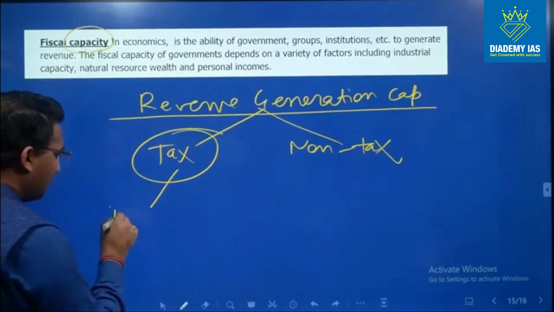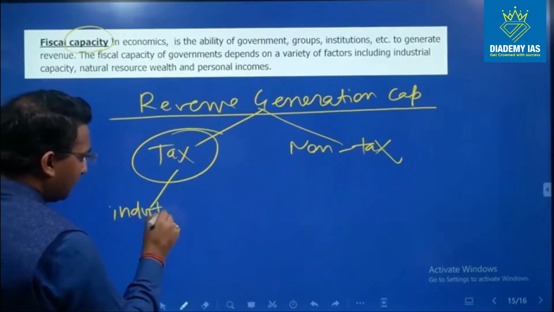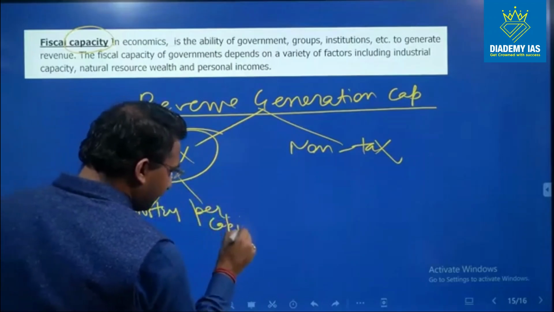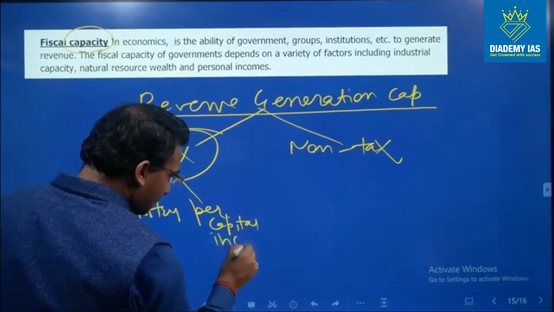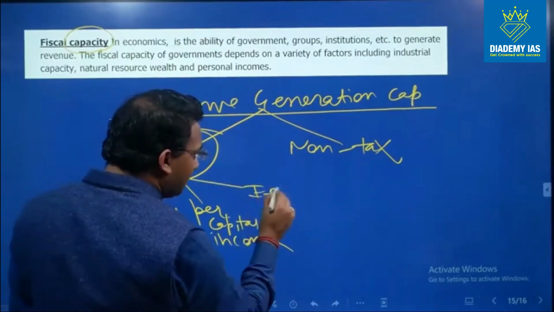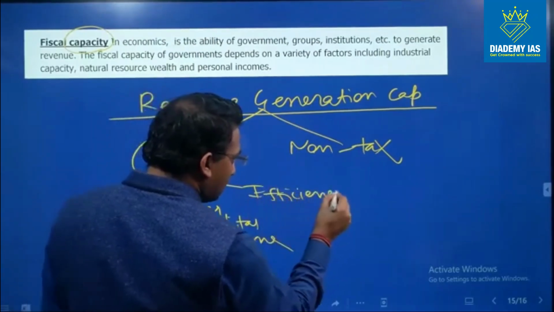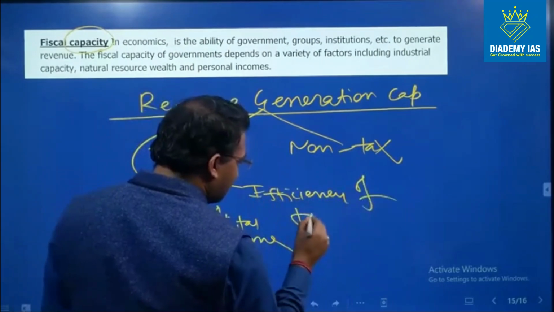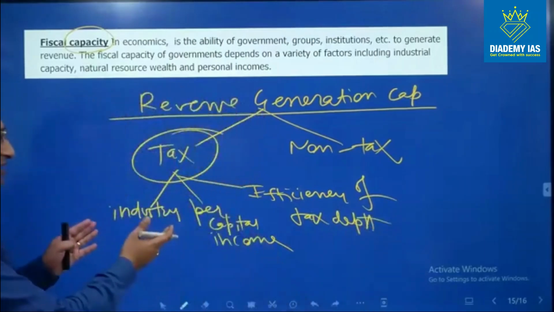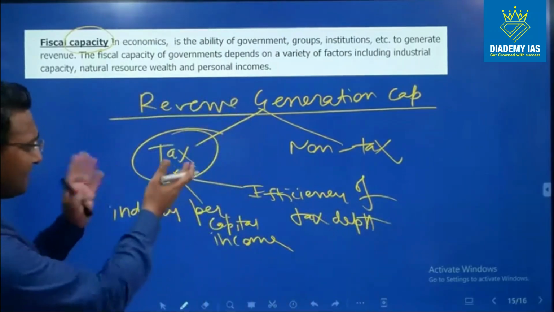It is based upon the condition of industry, per capita income of the people, the efficiency of the tax department, etc., right? So if industry is doing good, then taxes will increase.